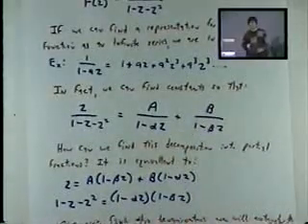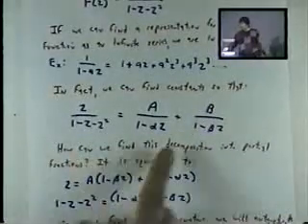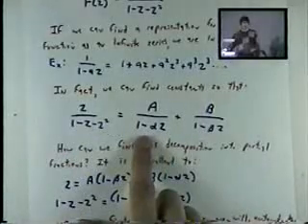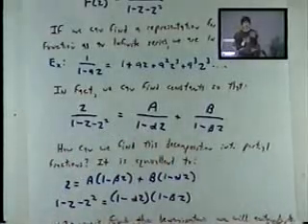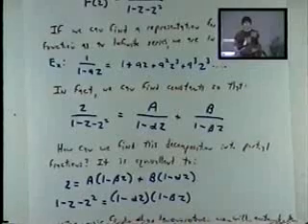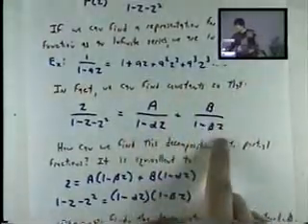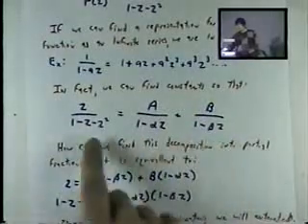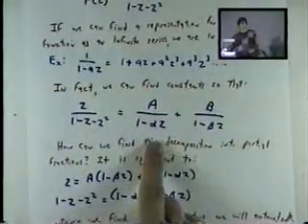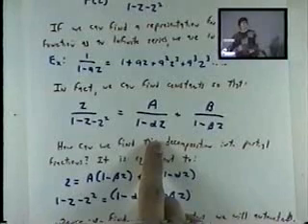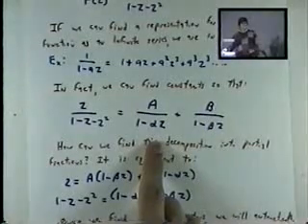First of all, is it clear that I can do that? Let's just look at this as algebra. Suppose I want to find constants a and b, alpha and beta, such that this equals that. Is that a kind of thing that you could figure out how to do? I think you could.